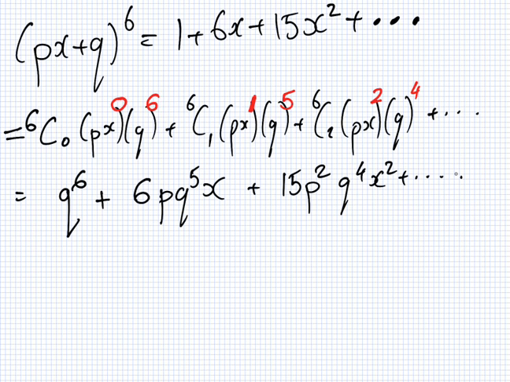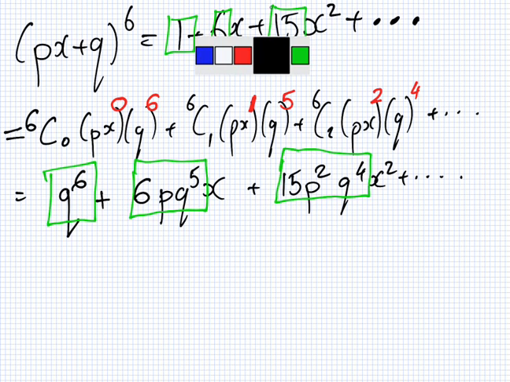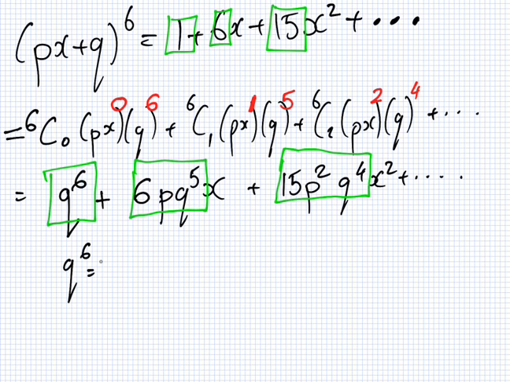So I'm just expanding. Now, what we do is we compare this to our answer and see what the P and the Q must be. So for example, Q power 6 must be 1, and then the 6PQ^5, that must be the 6, and then this piece here, that must be the 15. So we have Q power 6, that must equal 1.